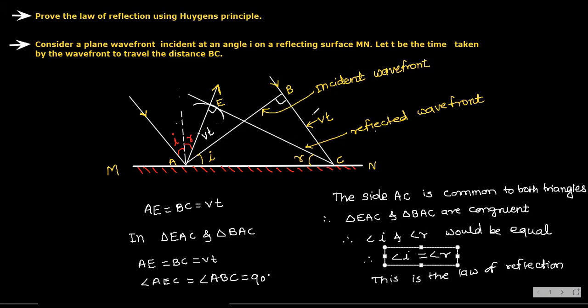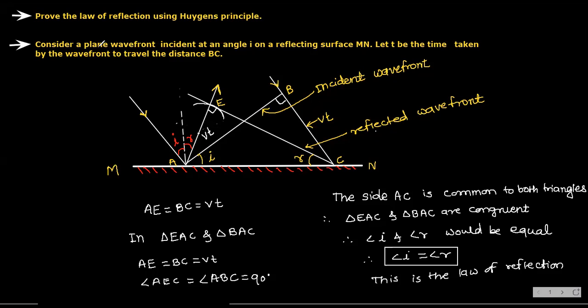Okay, one more time listen what is in this topic. See, we have to prove law of reflection using Huygens principle. So for that, what we are doing, we are using wavefront theory. Yesterday we have learned wavefront.